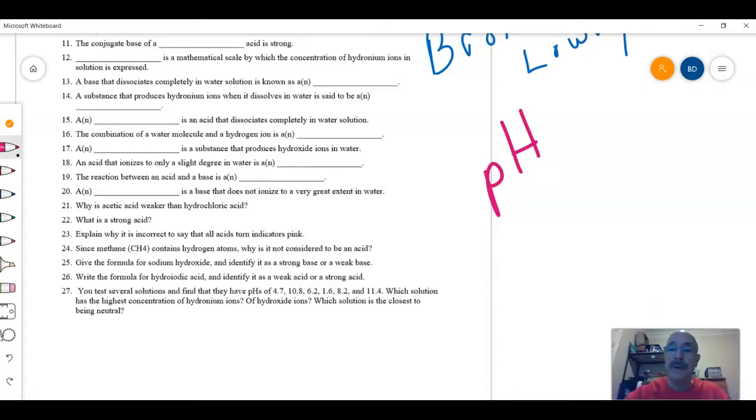And when you write pOH, same thing. Small p, capital OH. Remember that those two added up always add up to 14.